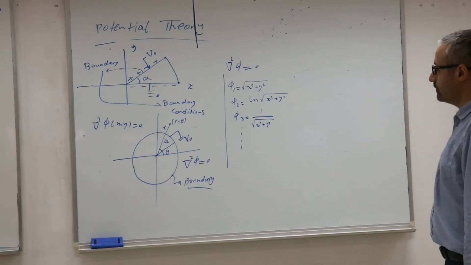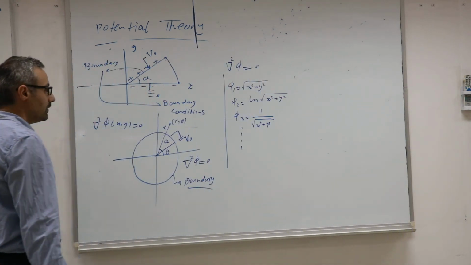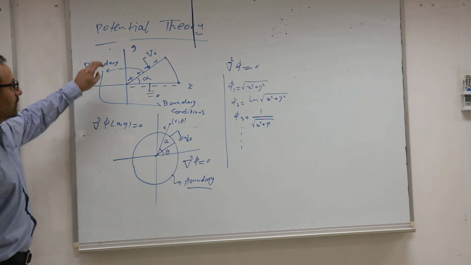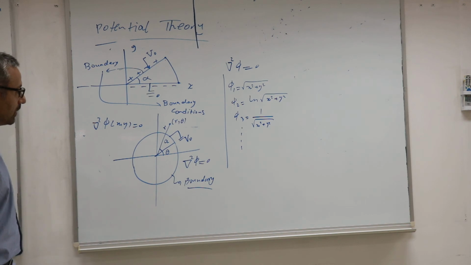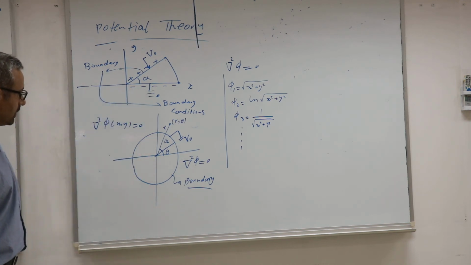So now I want to talk about the solution of Laplace equations because, as I mentioned last lecture, this lecture, next lecture, and maybe 2-3 lectures will be only about the solution of the Laplace equation. We call it potential theory. I want to solve either this problem or this problem.